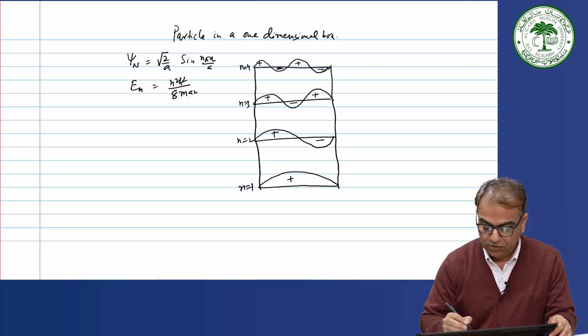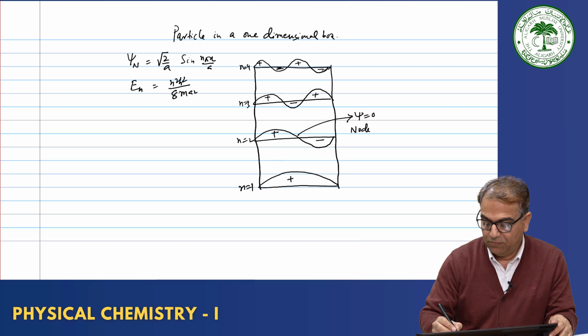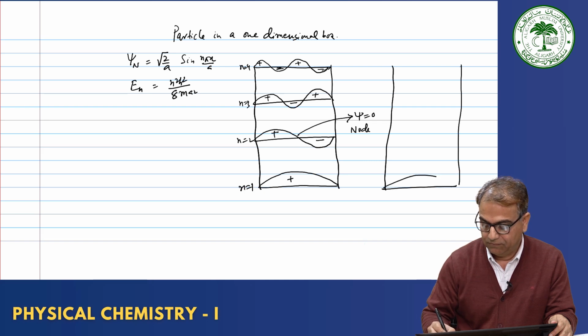And then I said to you that these are the points where psi is equal to 0, and we say these to be nodes. If you plot psi square, then all will be positive, all psi square will be positive value, and you get a curve like this one.